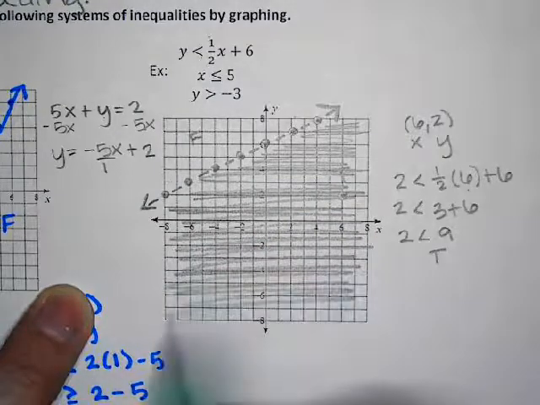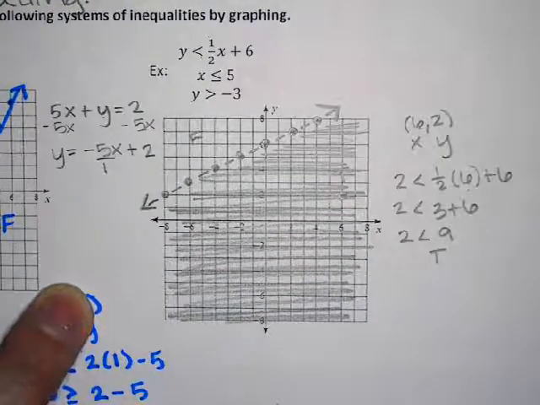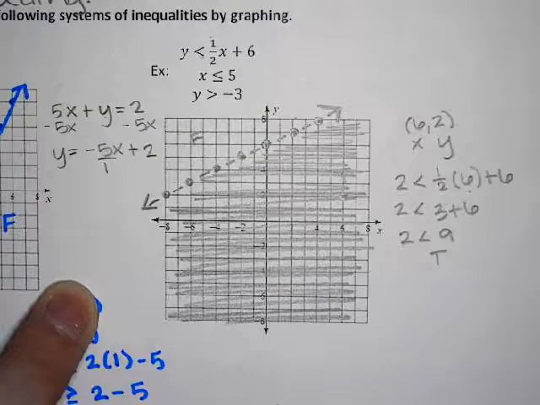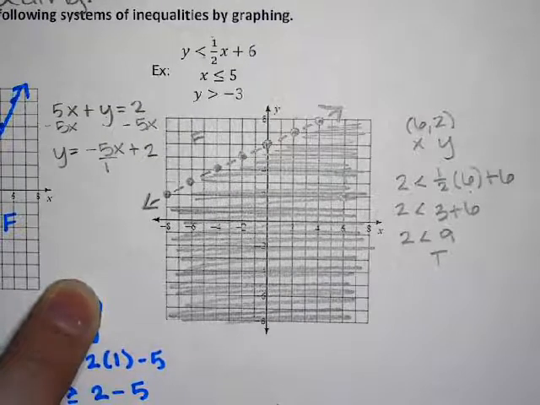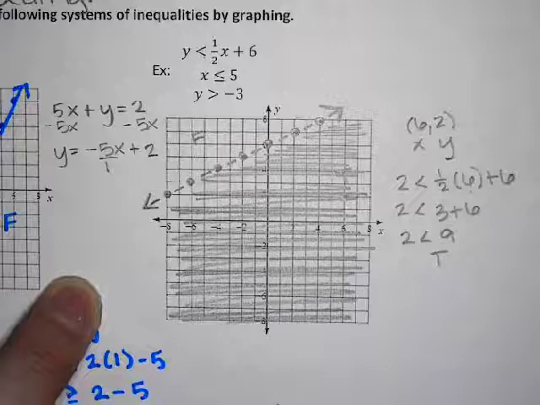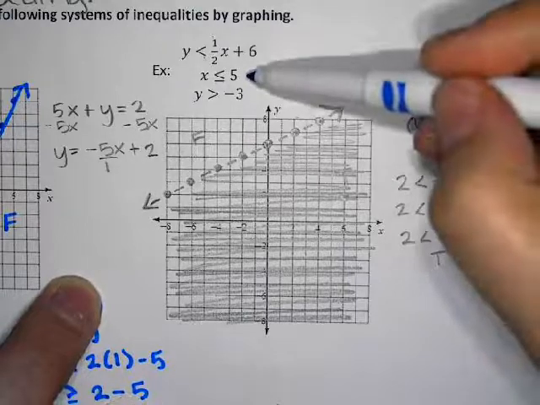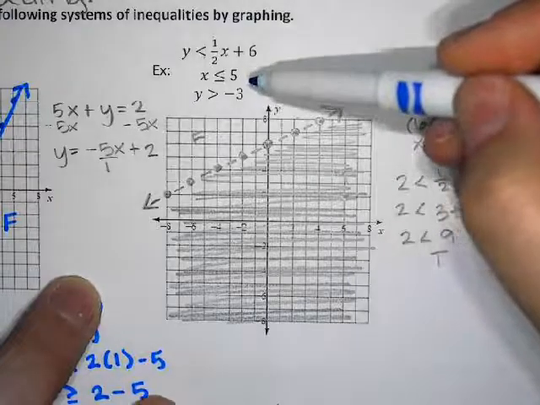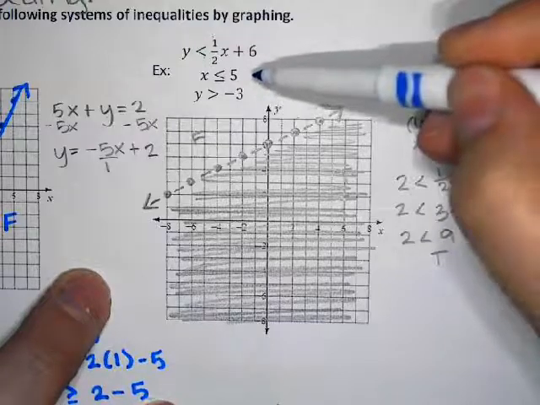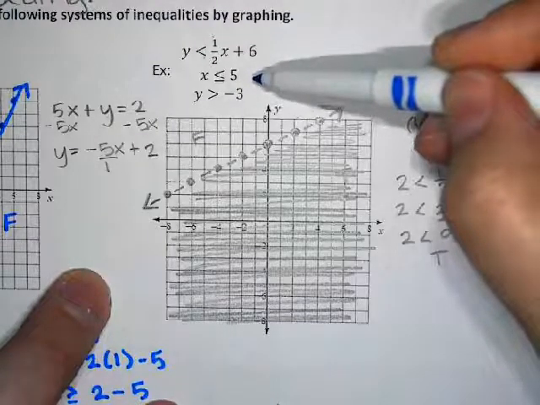All right, now for my next line, I have x is less than or equal to 5. Whenever I have a single variable like that, it just means that the x coordinate of every single point on that line is 5.